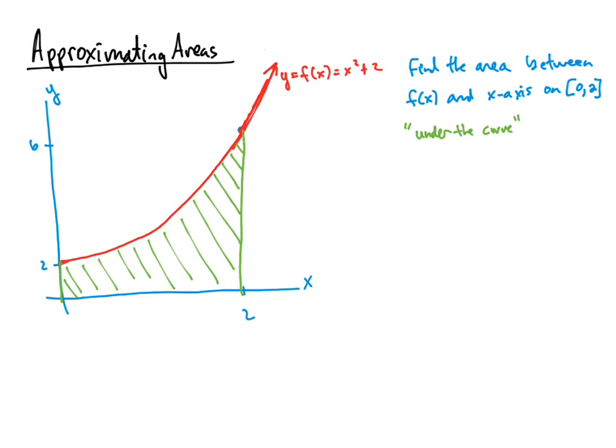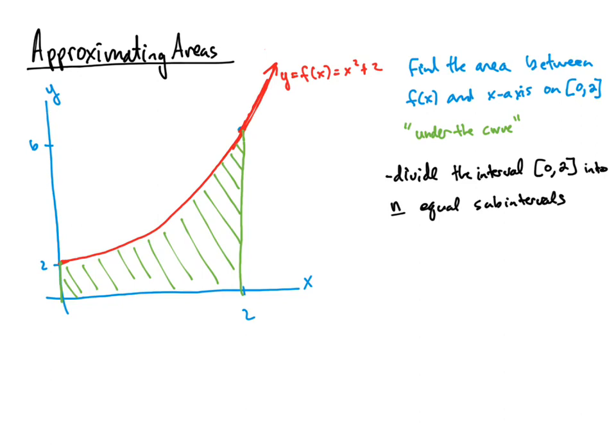So what we want to do here is divide the interval. Our interval is 0 to 2. So we're going to divide the interval 0 to 2 into n equal subintervals. n is just some value, and whatever value we choose for n tells us how many sections we're going to divide this area into.